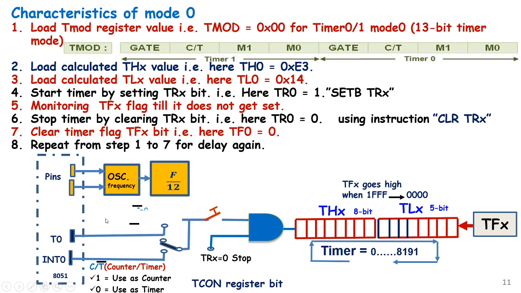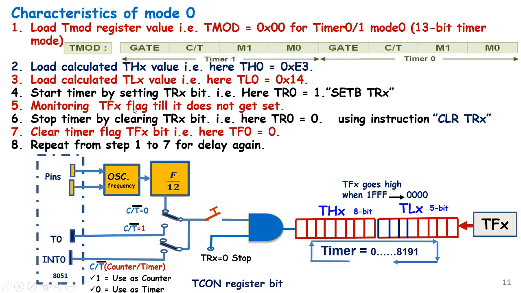This is connected to a counter or timer. C/T bar equal to 0 means the timer gets selected and the internal clock gets selected from the crystal. When C/T bar is equal to 1, then the clock will be taken from the external pin. So this internal clock is provided to the counters.